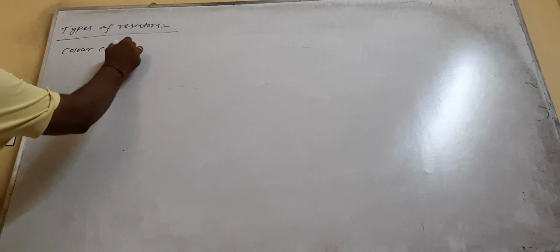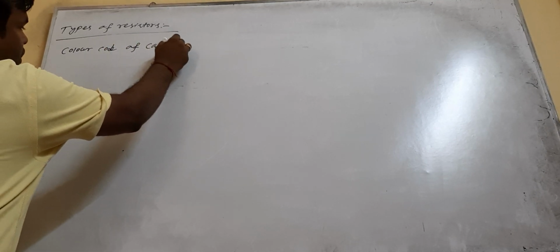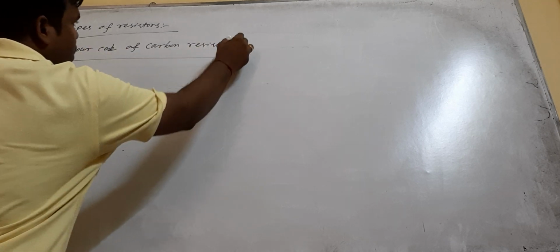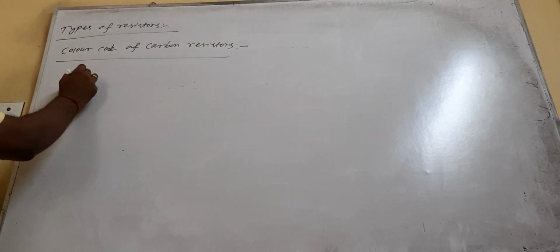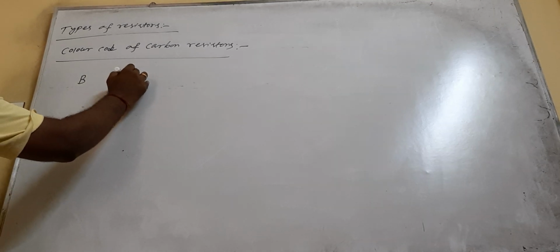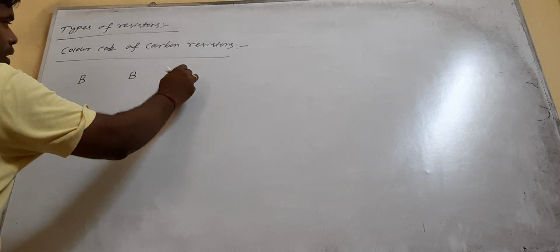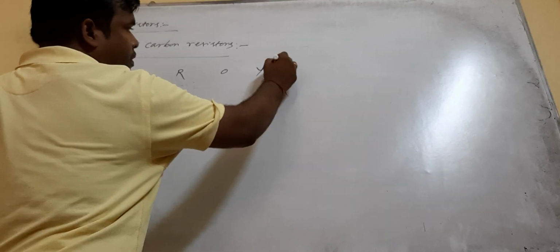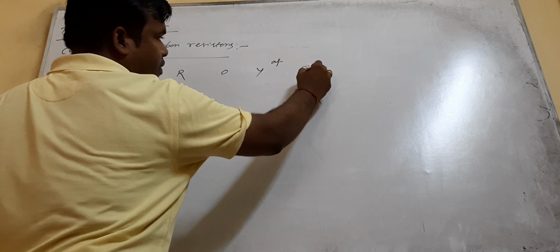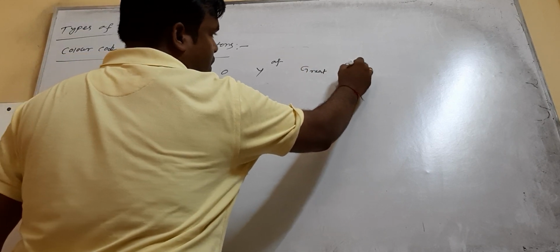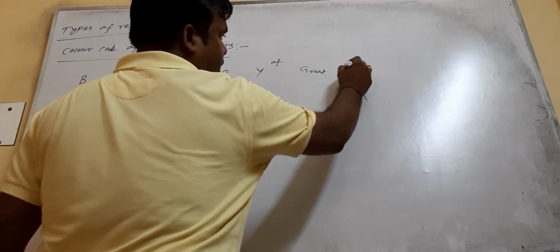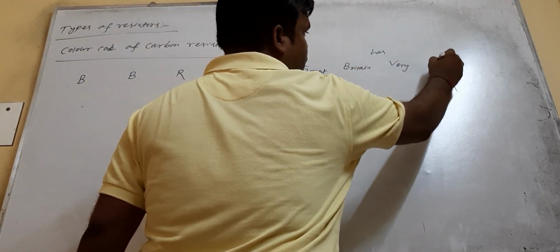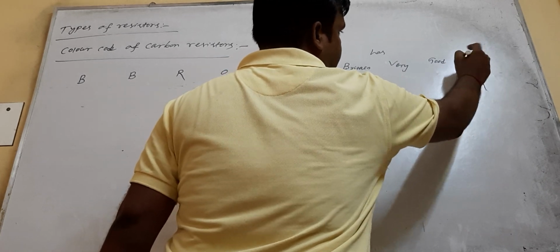You have to remember one sequence: B. Roy of Great Britain has very good wife.